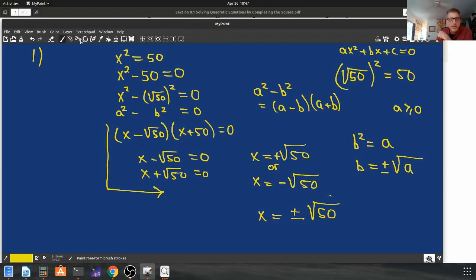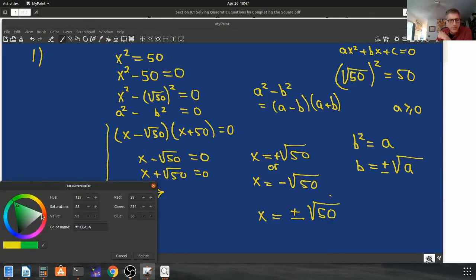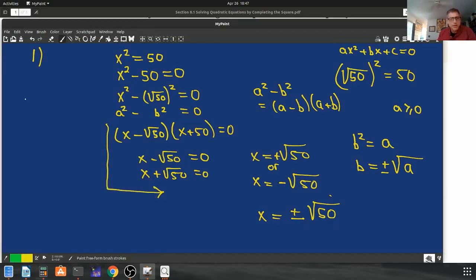So using that property, we could have immediately, I'll write it right here on the side, we were asked to solve x squared is equal to 50. So we could immediately employ the square root property. 50 is greater than 0, so that tells me x is equal to plus or minus the square root of 50.